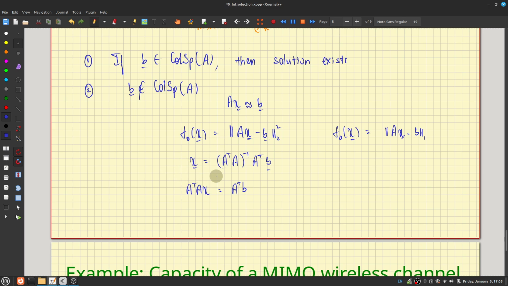This does not require A transpose A to be invertible. If A is full rank, then this is your solution. This is the least square solution. If not, then the least square solution is obtained by solving this system of linear equations.